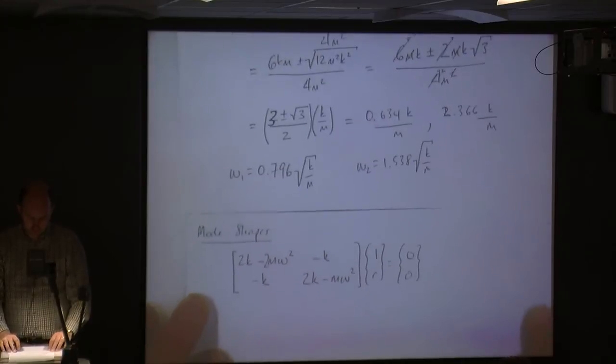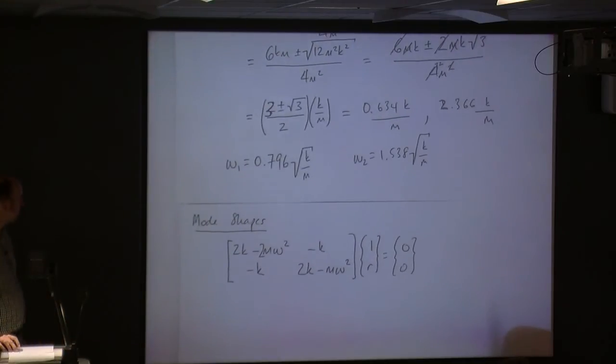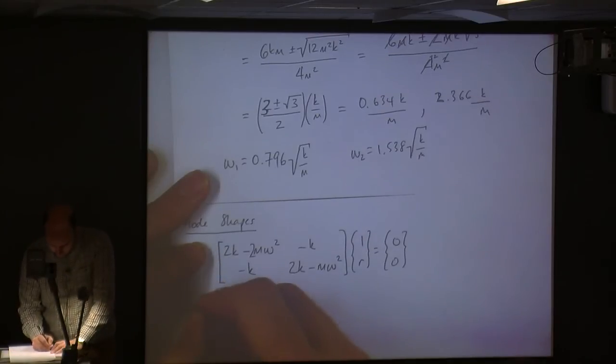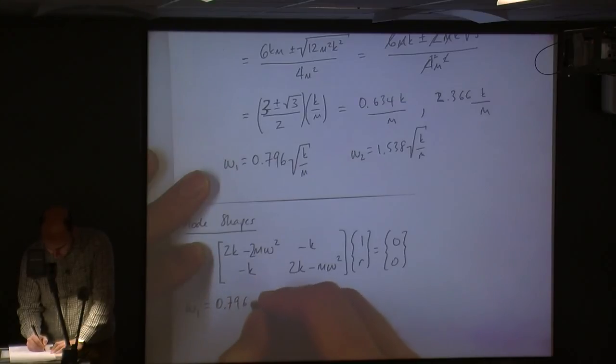Okay, so we've replaced x1 and x2 with 1 and r. And so for omega 1, is 0.796 k upon m, square rooted.